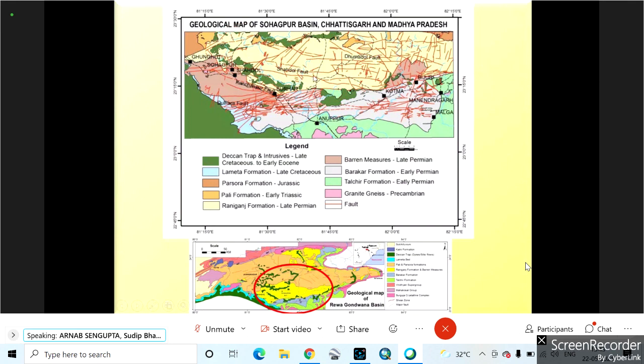And a fault is going there called the saddle fault. The main fault is the Bamni Chilpa fault. You possibly know it, a very famous fault, because the down throw is 600 meters towards the north. That means tremendous frictional heat has come up, and the coal has gone to a level of 500 to 600 meters more depth.